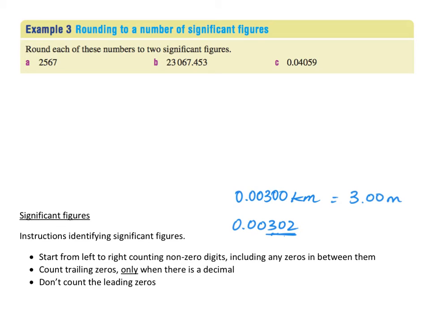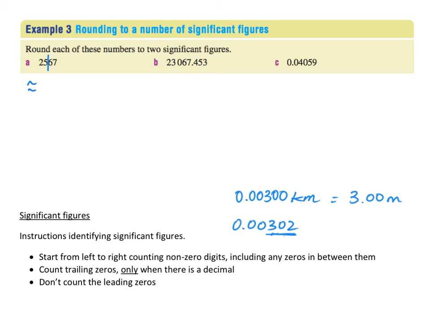If we were to consider rounding these numbers to two significant figures, we would basically be doing the same thing as we round. So this number here firstly has 4 significant figures. If I was to round it to 2 significant figures, I use my approximately equal to sign.